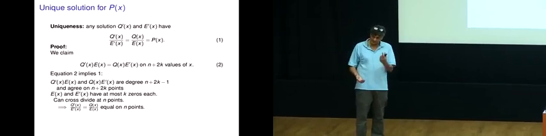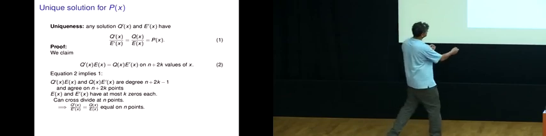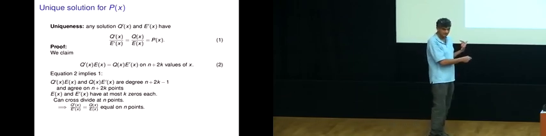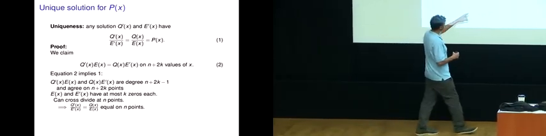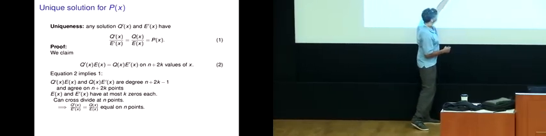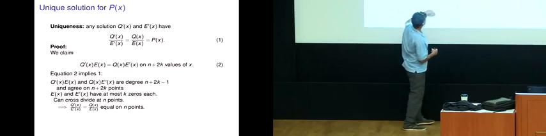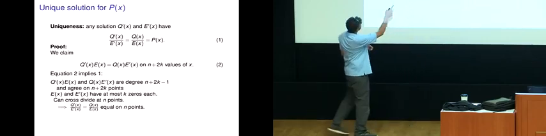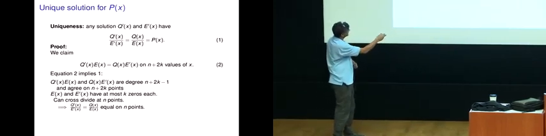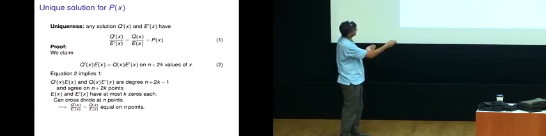So that says there's at least n places where you can do this cross-divide. For at least n points, you can plug in i here and not get a 0 here and not get a 0 in the bottom. And when you cross-divide, you have that these are the same polynomial at n plus 2k points. For all but 2k of them, you can cross-divide.